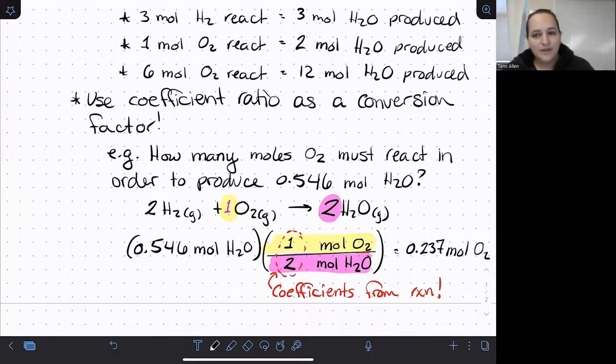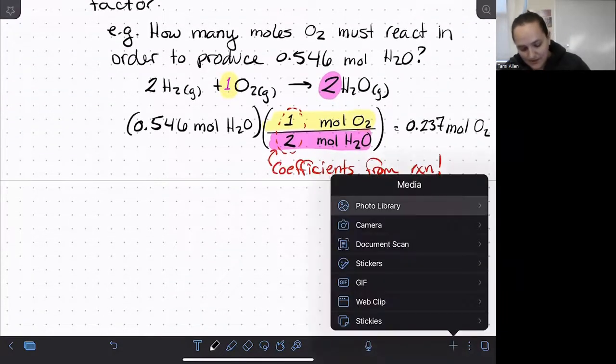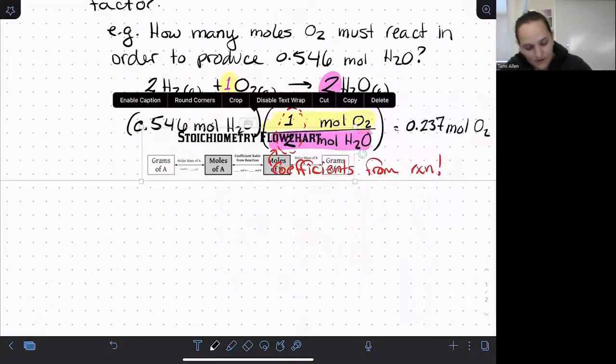Now, when we're working in the lab, as we've talked about before, we can't really directly measure moles. So what we're usually doing is really thinking in terms of mass, and we already know how to convert between mass and moles, and that is by using the molar mass of a substance.